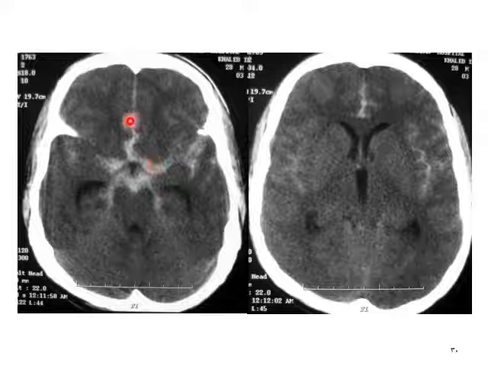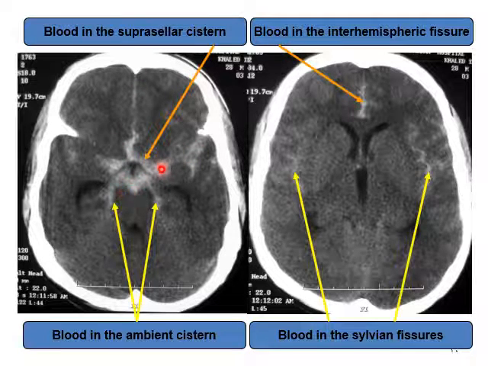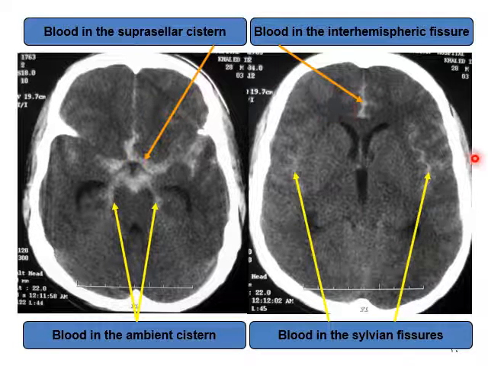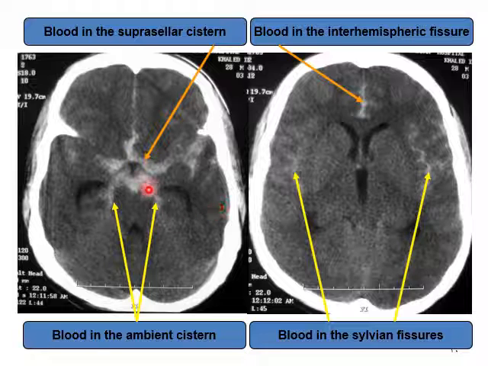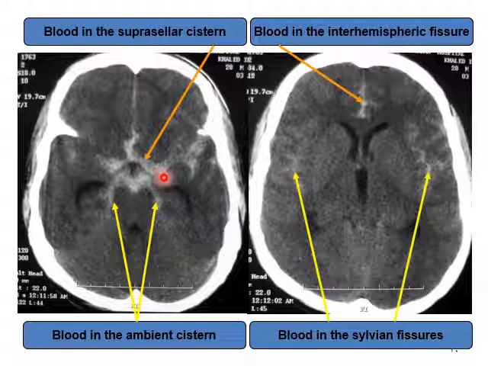It is whitish. This means there is blood here, in the interhemispheric fissure, in the Sylvian fissures, in the ambient cistern, the suprasellar cistern. This is a subarachnoid hemorrhage, hemorrhage in the subarachnoid spaces.